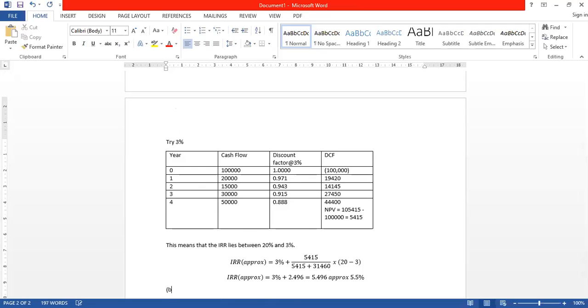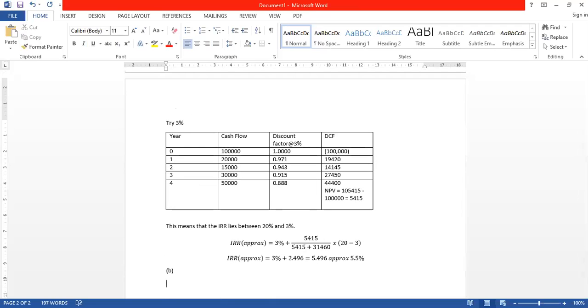Now, the B part of the question is we are supposed to make a decision using NPV. For NPV, reject the project. Why? Why are we rejecting the project?